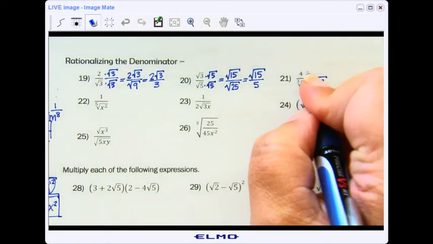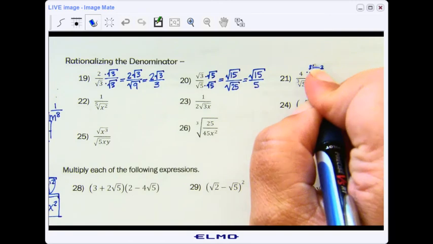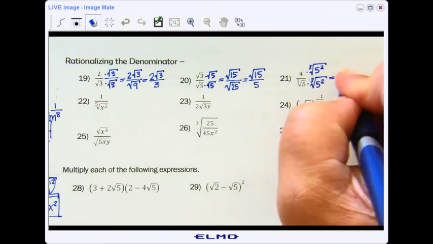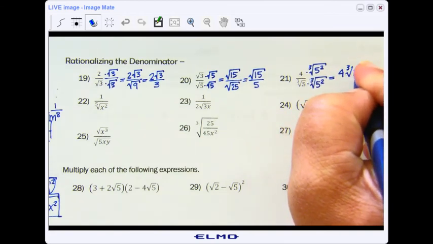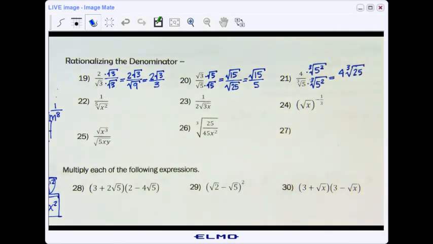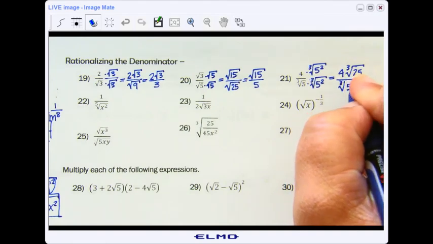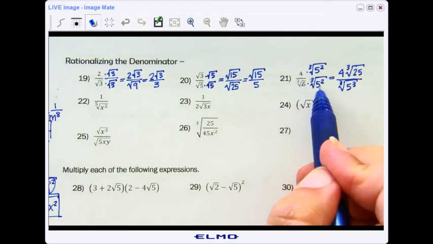And if I multiply the bottom by the cube root of 5 squared, then I have to multiply the top by the cube root of 5 squared. So this will give me 4 times the cube root of 25, because that's 5 squared, over the cube root of 5 cubed, because I have 1 5 and 2 more 5s.